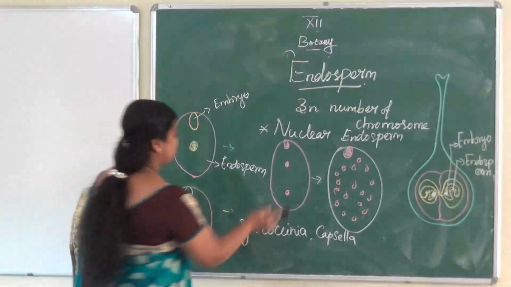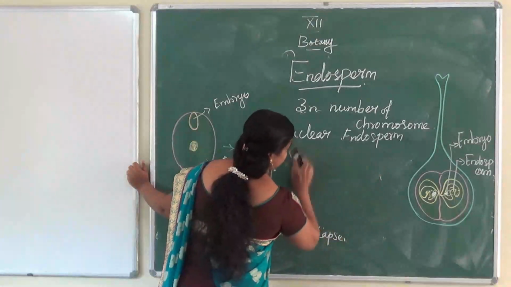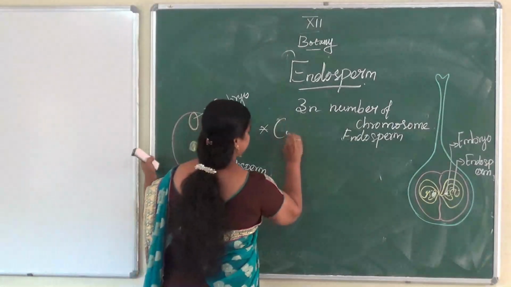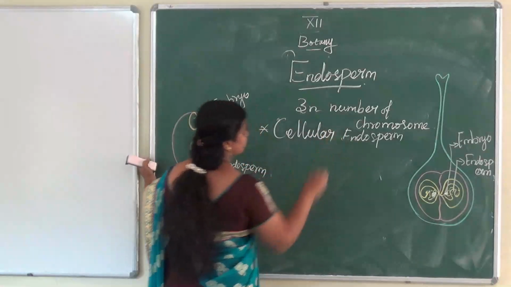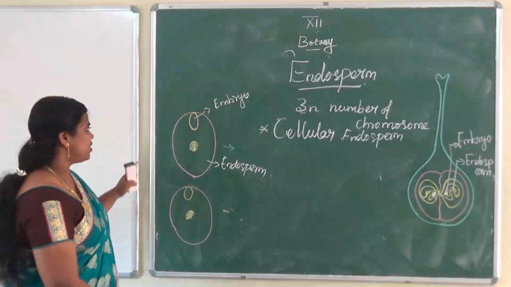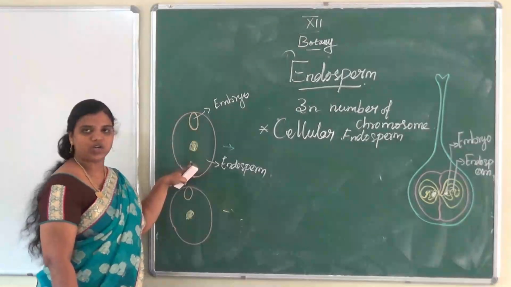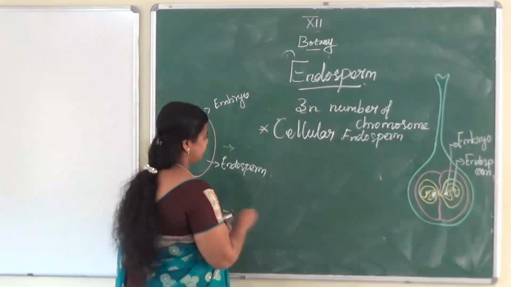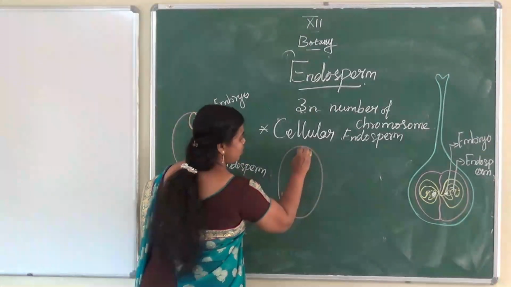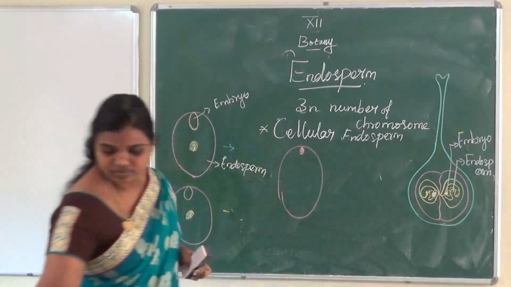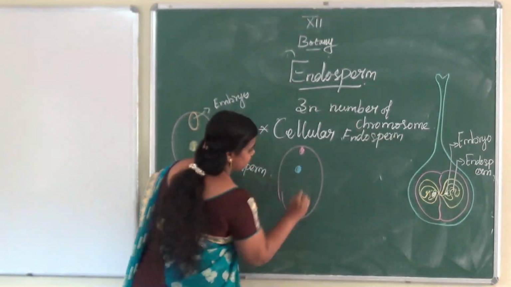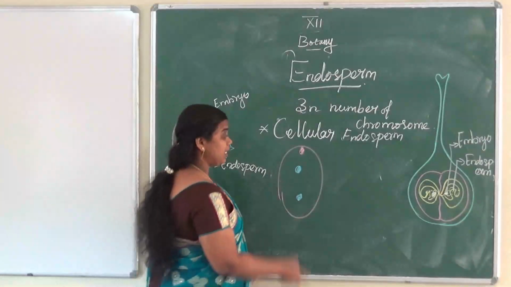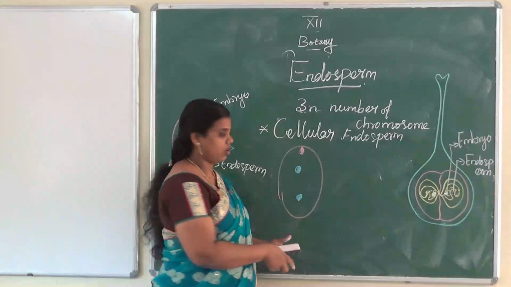And then the next one, cellular endosperm. In cellular endosperm also there is the embryo and the endosperm nucleus. Immediately the nucleus is divided into two nuclei. The endosperm nucleus divides, and then immediately cell wall is produced.